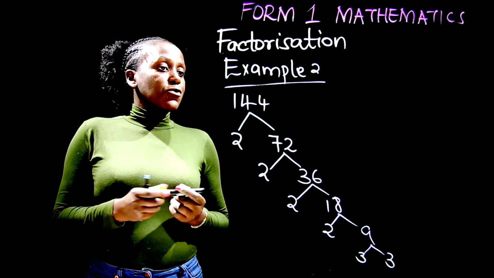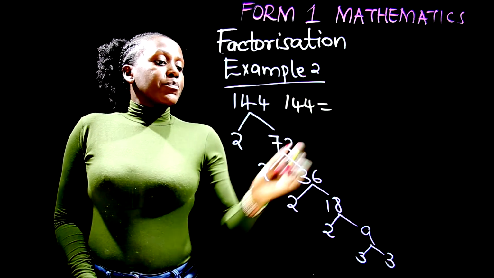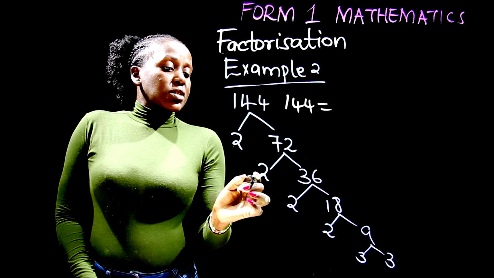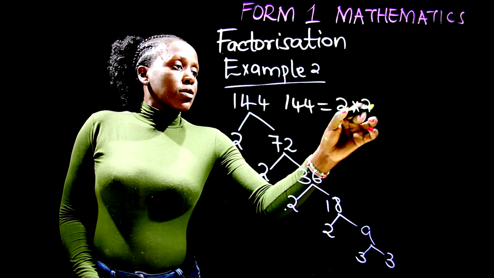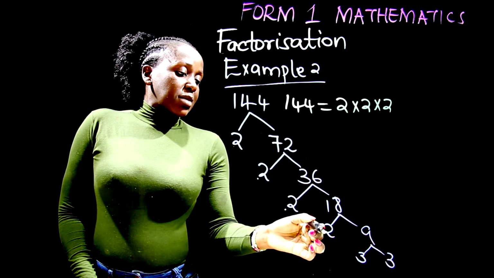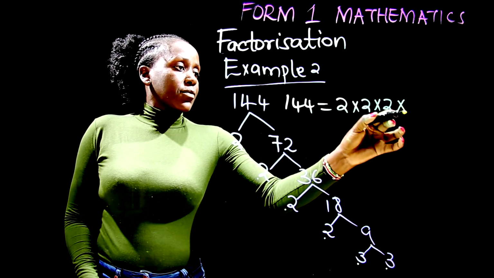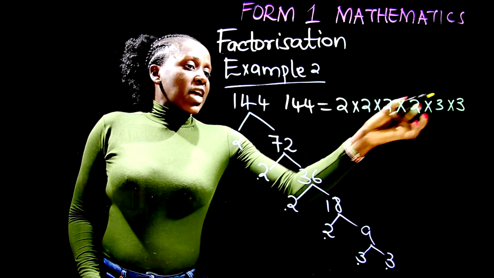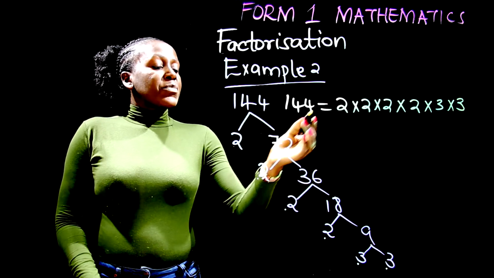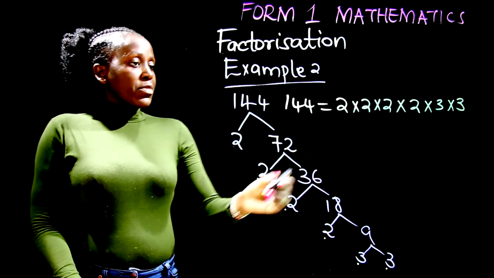Therefore, 144 will be equal to 2 times 2 times 2 times 2 times 3 times 3. And that is how you express 144 as a product of its prime factors.